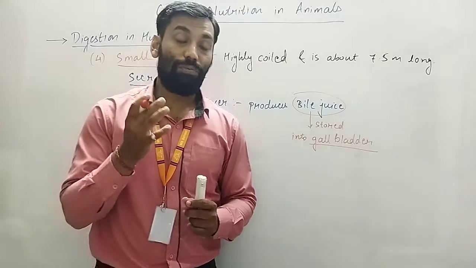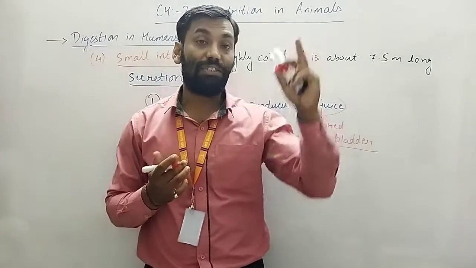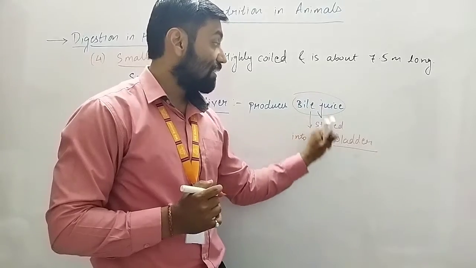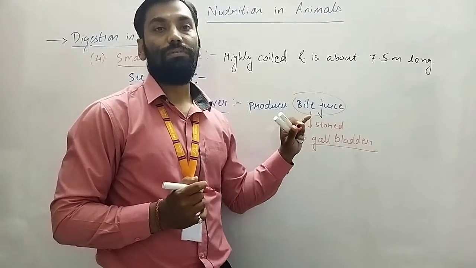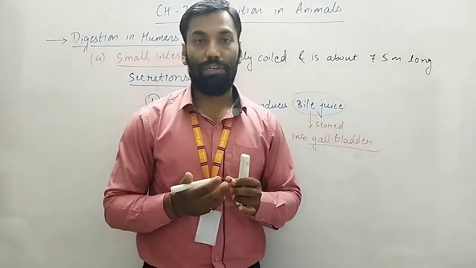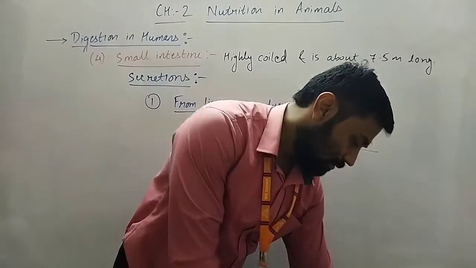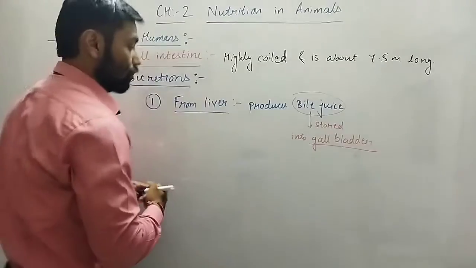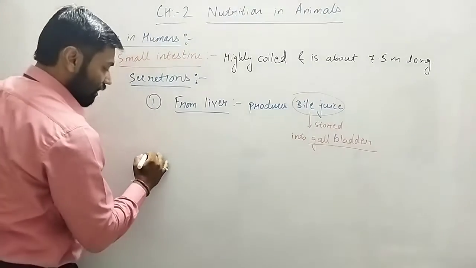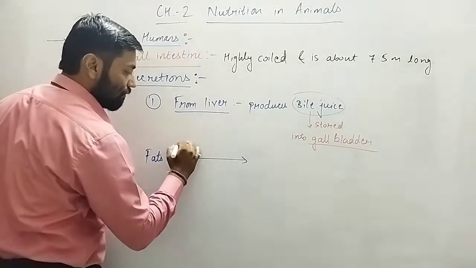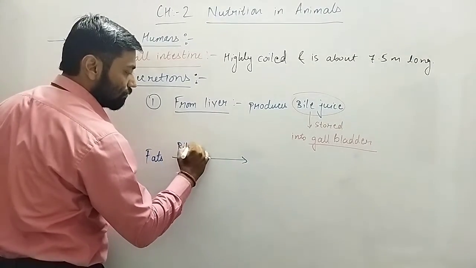When the small intestine receives the food from the stomach, the gallbladder secretes the bile juice, right? So what does it do? The bile juice acts on fats.